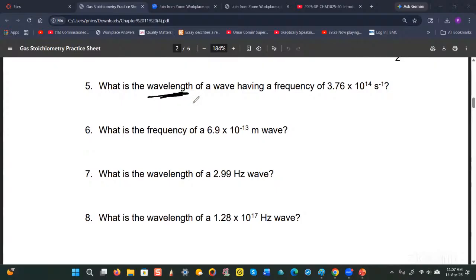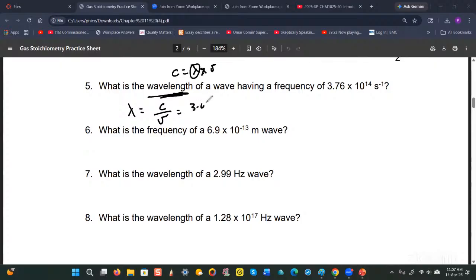Oh, understood. C is equal to lambda times nu, right? But the question is asking for lambda, the wavelength. So lambda would be equal to what? It'll be equal to C over nu, exactly.